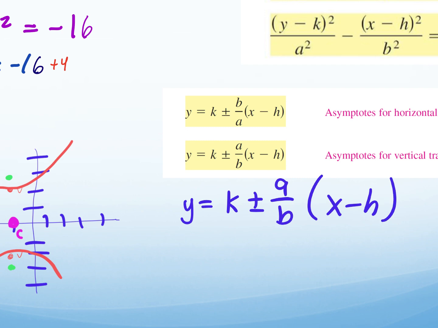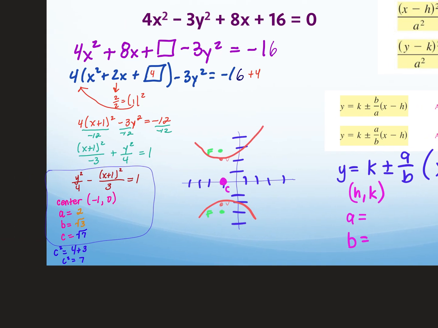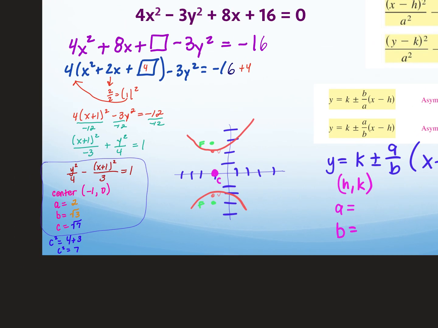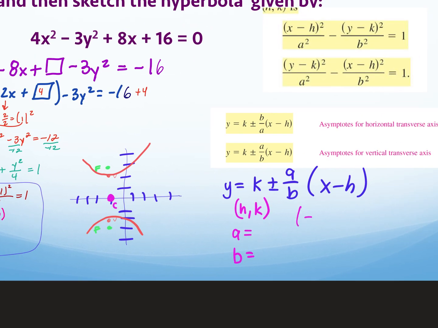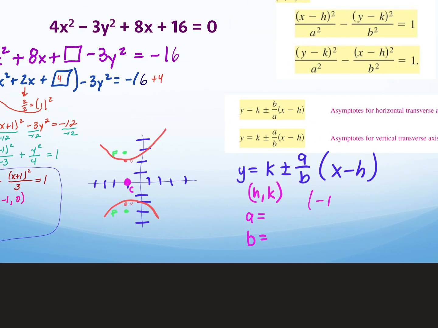So the three values I need to write my equation would be the h and the k, which is the center, correct? I need an a value, and I need a b value. Do I already have those things from what we worked out yesterday? Do I know what the center is? What's your center? It's, what is it? (-1, 0), okay.